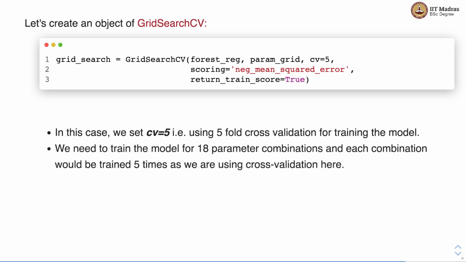So we need to train this model for 18 parameter combinations, and each combination would be trained 5 times because the number of cross-validation folds is set to 5. So in all, we'll be performing 90 model training runs.